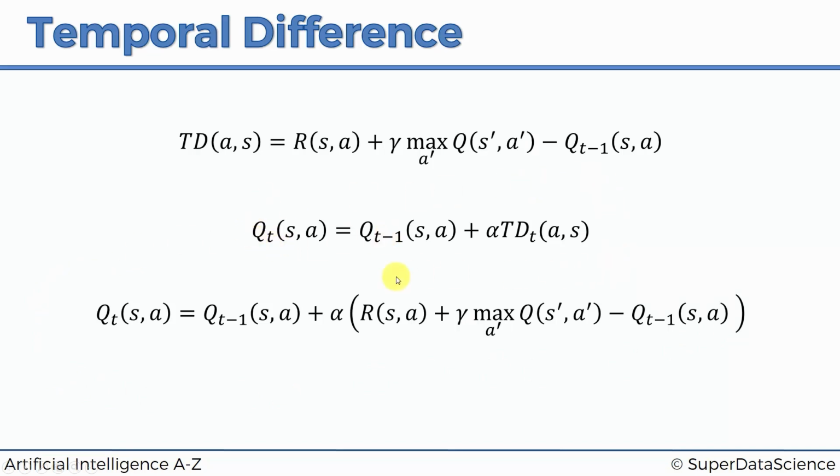So this is the main formula of the Q learning algorithm, and this is the expanded version of that. And now it should all come together and make sense why we have the Bellman equation, and not only what it represents, the Q values, but also how the agent goes about updating its Q values and finding exactly what is going on in that environment so it can come up with the optimal policy.